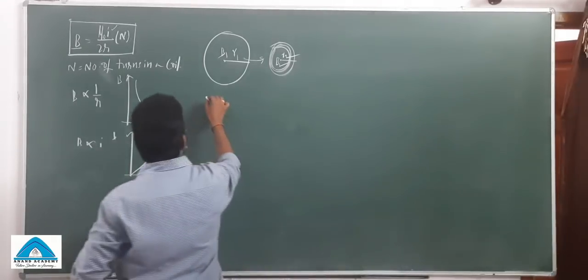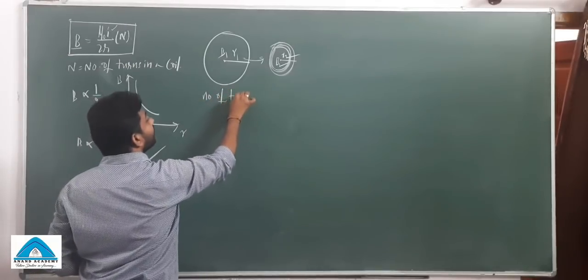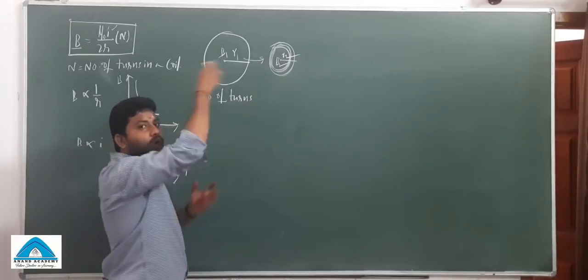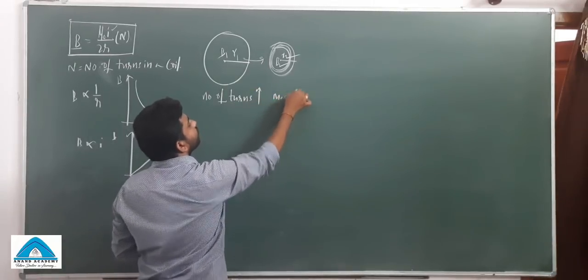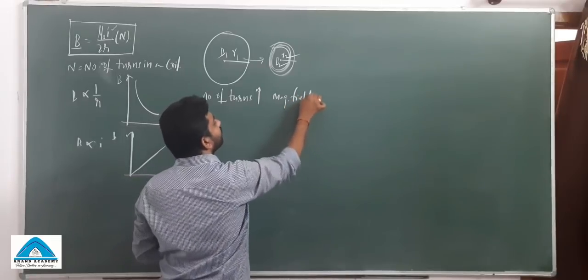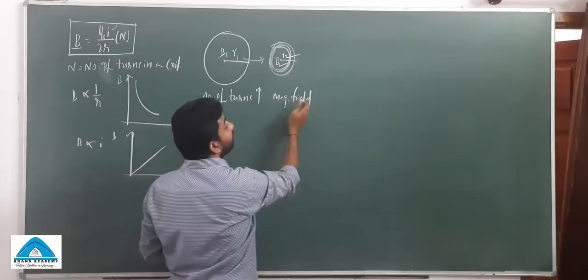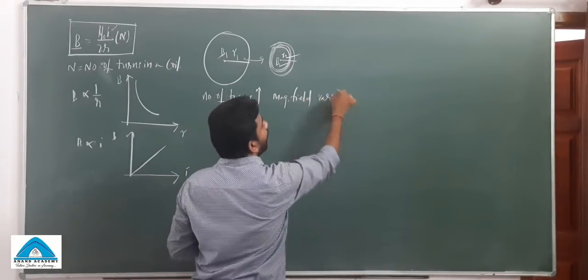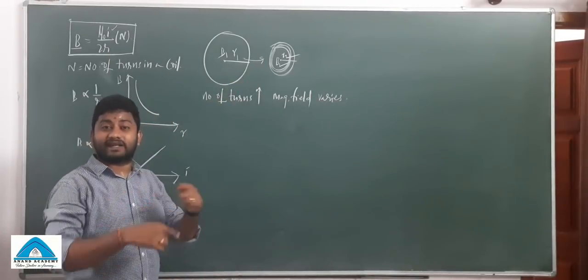Okay, so I'm writing here: when the number of turns is more, what happens to the magnetic field at the center of the coil? The magnetic field at the center of the coil will vary. Why is it varying? Because there is a difference in the radius of the circular coil.